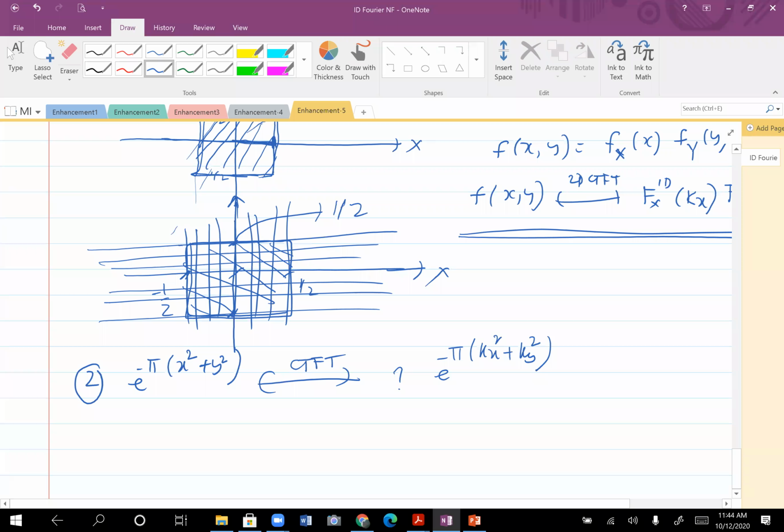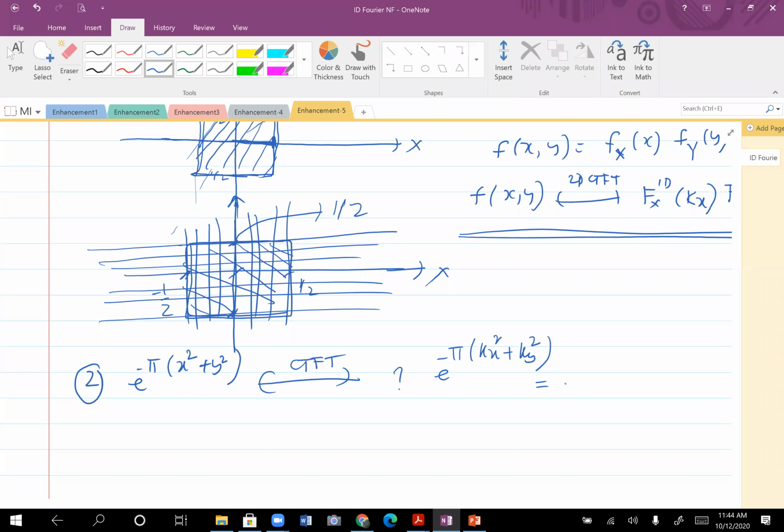So can you say anything more here? How are you able to do it? I am separating them into x and y functions, and you are doing it. And again, you could see here, can you make it a 1D function? Is it possible to make it a 1D function?